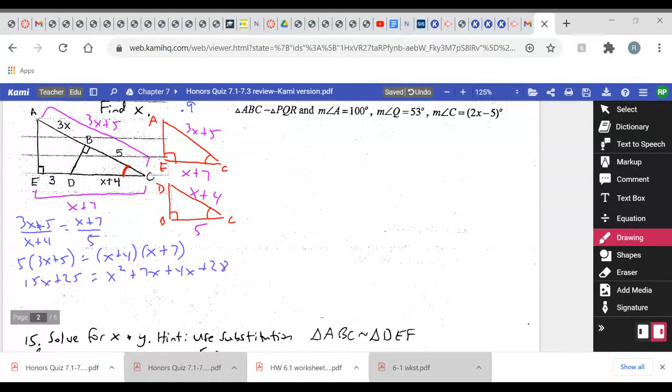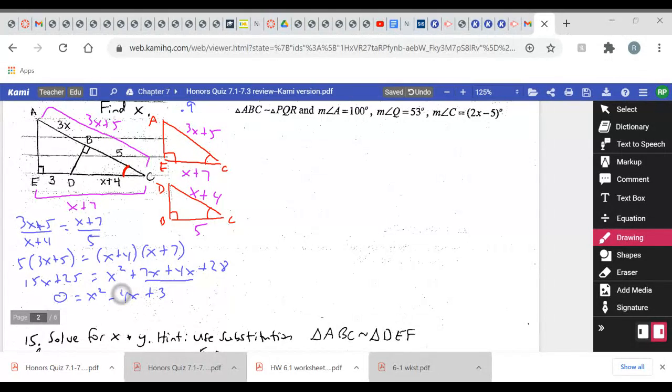Okay, from there, I'm kind of running out of room here, but I want to get 0 on one side. So if I subtract 15x from both sides, I subtract 25 from both sides, I combine these two together, then what I should end up with is 0 is equal to x squared, and I end up with minus 4x, and then I end up with plus 3.